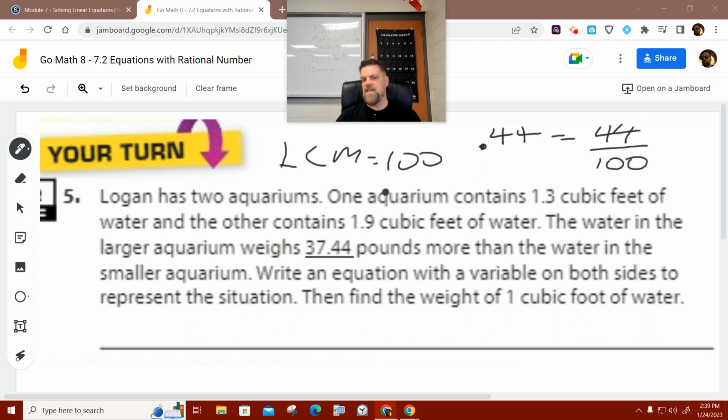That gets rid of all the decimals. I'm going to do both problems if we have time. I'm going to do it by multiplying by the lowest common multiple, and then I'm going to do it without doing it because it's a decimal and we use calculators in this class. I want to show you that it's the same question. The problem is, with fractions, you don't always have that luxury. Okay?